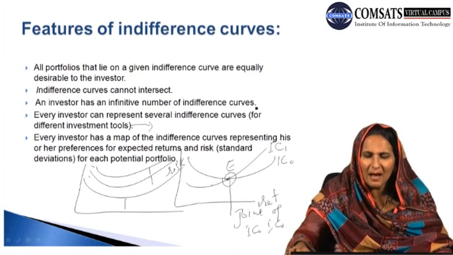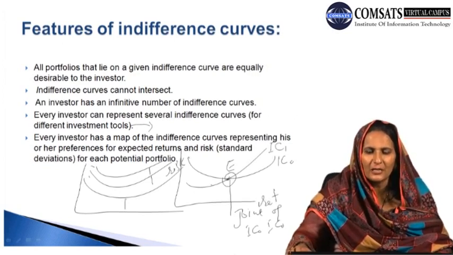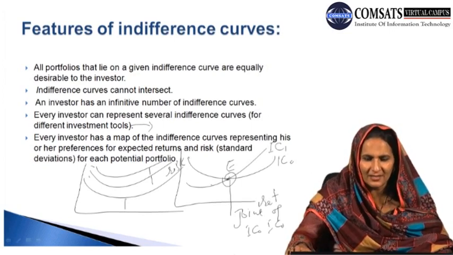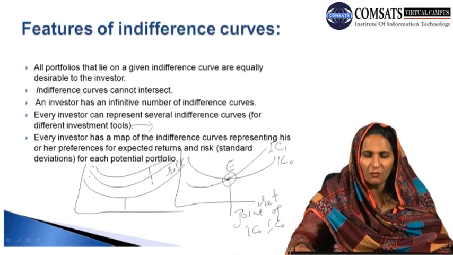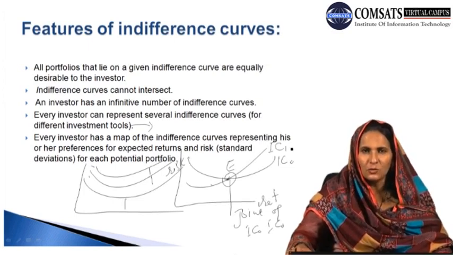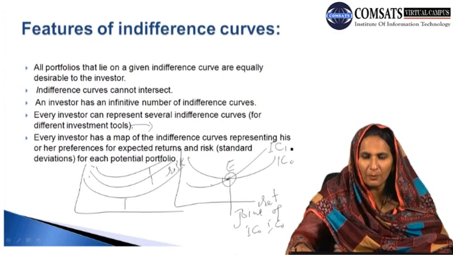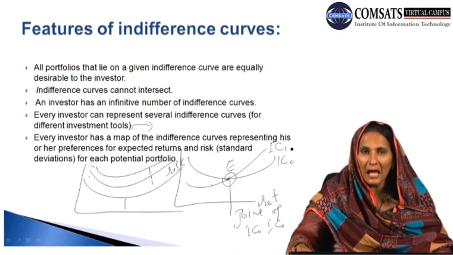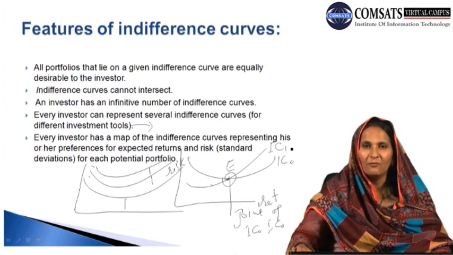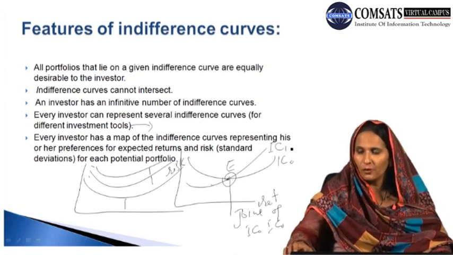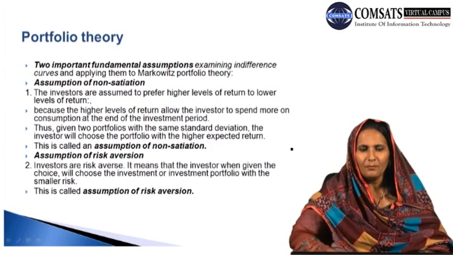Every investor has a map of indifference curves representing his or her preferences for expected returns and risk, which is measured by the standard deviation for each potential portfolio. These are the important features of the indifference curve approach, which help investors formulate their portfolio holdings.